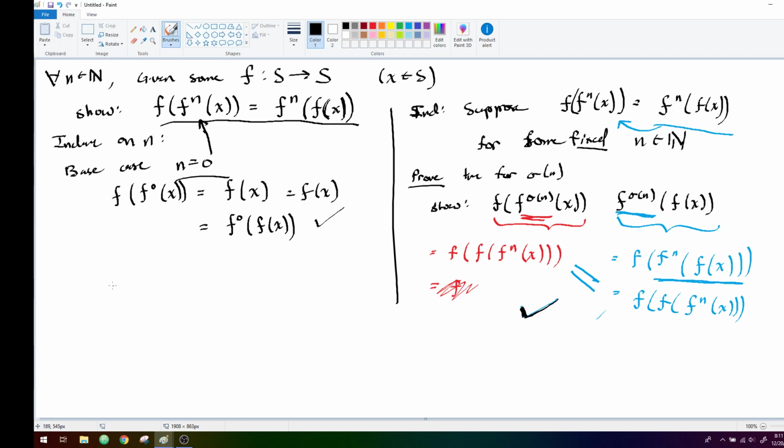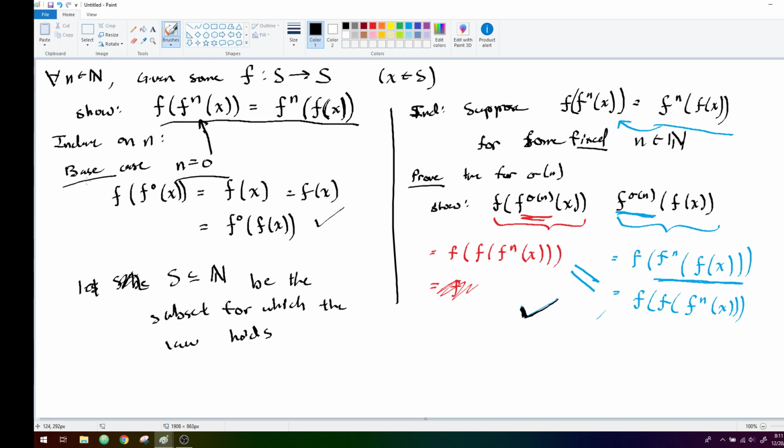Now why? Because if we let S, which is a subset of the naturals, be the subset for which the law holds. Now, what have we demonstrated? Because of our base case, we proved that 0 is an element of S. What have we proven with our inductive case?